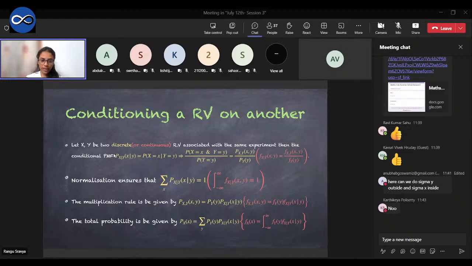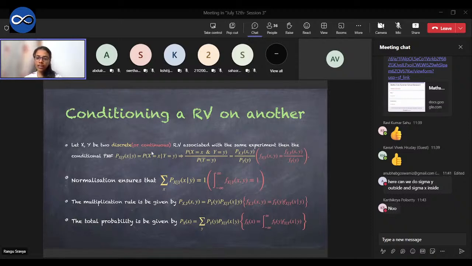So again, you do the same here. To find P_X of x, we need to do the sigma over y of P_XY of x comma y. But from the multiplication rule, this P_XY of x comma y is P_Y of y into P_X|Y of x given y. So just the summation over y of this will give P_X of x.